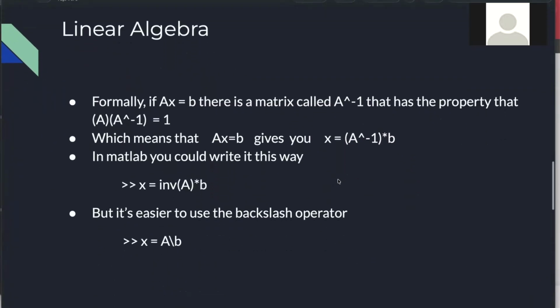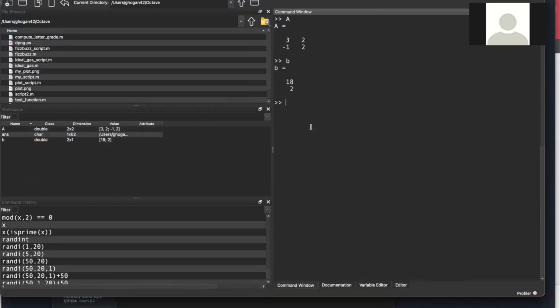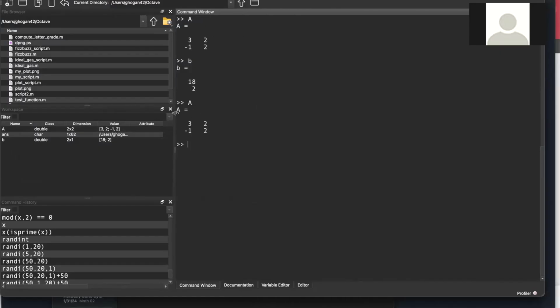So in linear algebra, this is a little bit awkward, but there's a matrix called A inverse, which I just typed this way because it was what I could do in the slides. And the matrix A inverse has the property that A times A inverse equals the identity, which I wrote 1 here, but that's not really correct. It should be I. Now, just to show you that, I'll come over here to Octave. And so this is the matrix A that we typed in.